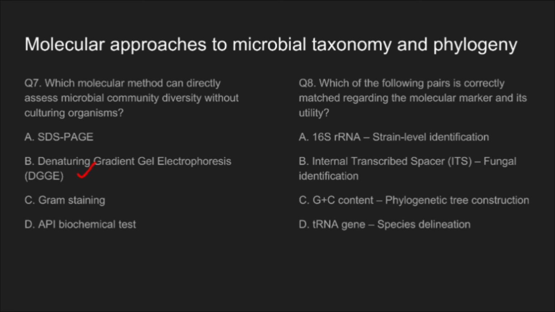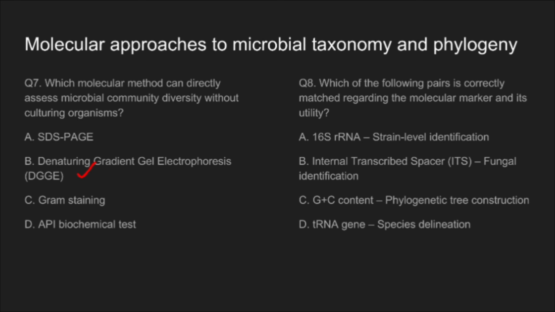Question 8. Which of the following pairs is correctly matched regarding the molecular markers and its utility? Your options are A. 16S rRNA, strain level identification. Option B is internal transcribed spacer, that is ITS, fungal identification. C is GC content, phylogenetic tree construction.